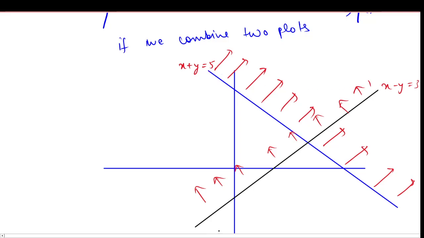So our common region is this region. This is the region of common, including some points on x plus y equal to 5 and some points on x minus y equal to 3. So this is the solution set.